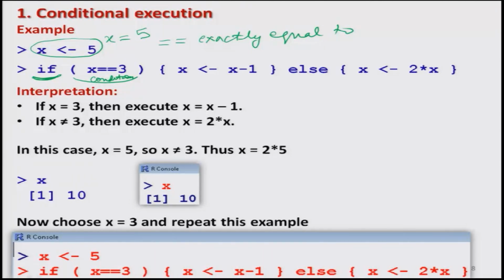The condition here is x is exactly equal to 3. Now I am saying if this condition is true, then you operate this statement, and if this condition is false, that is else, then operate this other statement.